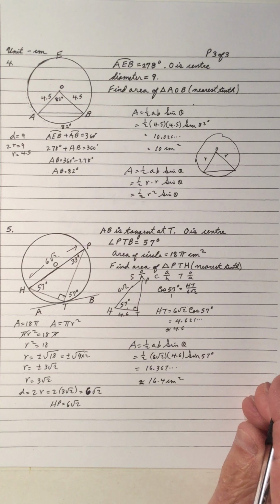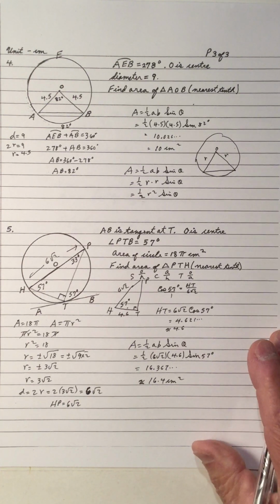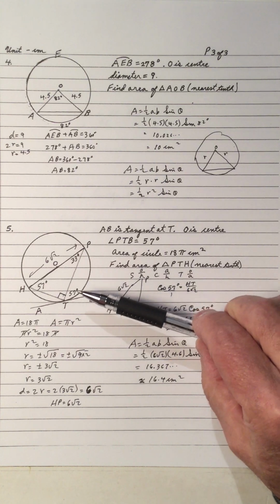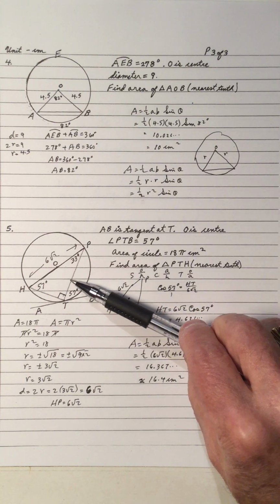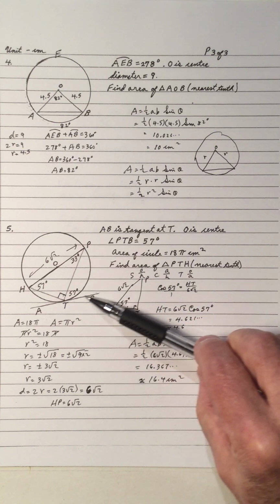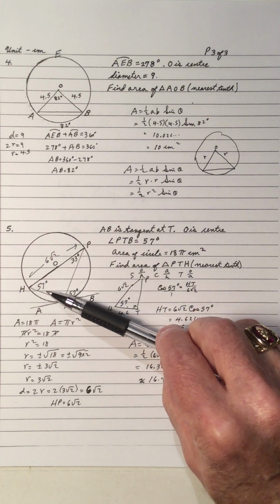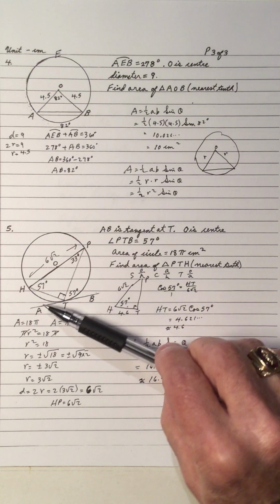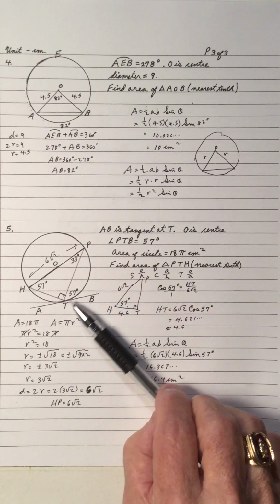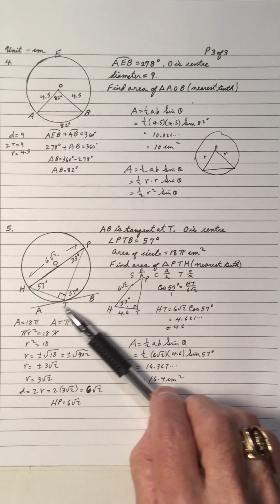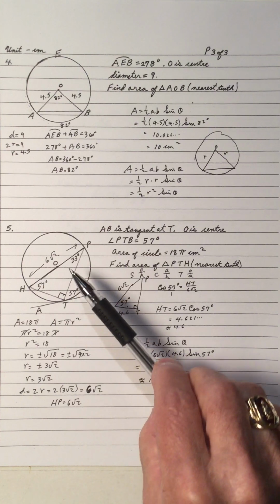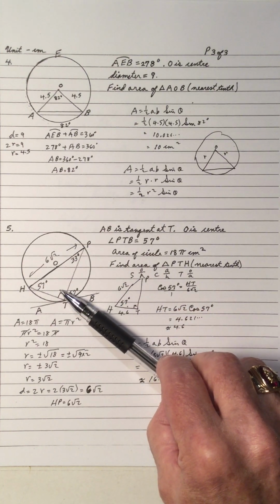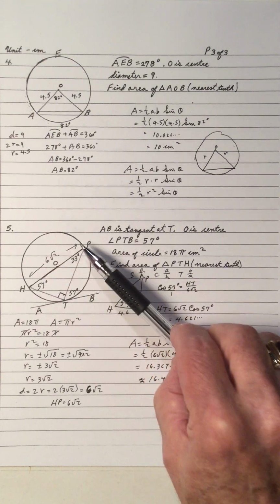So a good little problem to do, in that you're doing a lot of little skills. The tangent chord property, with this angle formed by the tangent and the chord equal to this inscribed angle here. And you got a tangent meeting at a point, and this angle here is 90 degrees because it's inside the semicircle, subtended by the diameter.